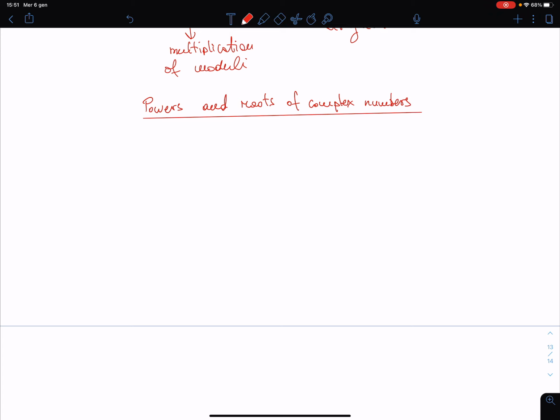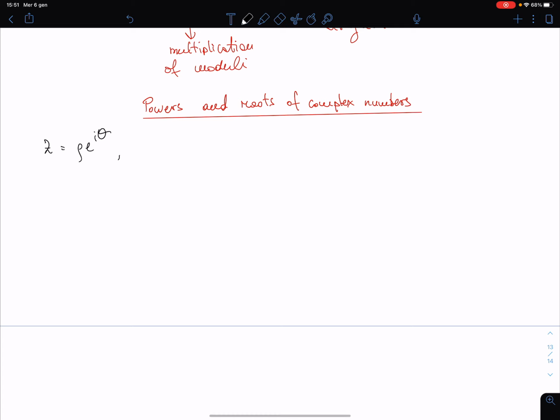And so here it is clear that if we start from a number z, which is rho e to the i theta, so I use the exponential notation because it is the most comfortable, it is the fastest to use here.